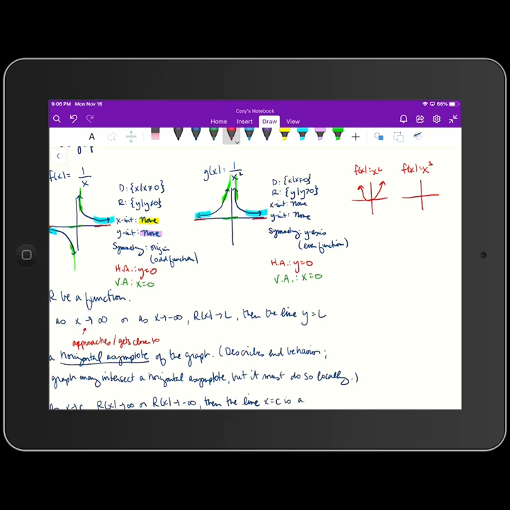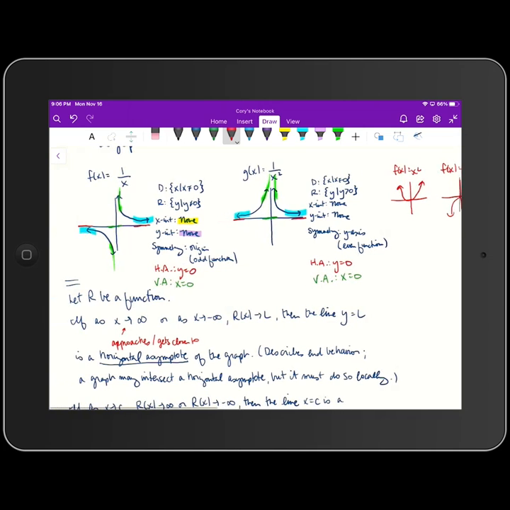When we look at the function x cubed, the function x cubed is going to have a graph that looks like this. It also has an x-intercept at x is equal to 0, but because the multiplicity of that 0 is odd, it's 3, that means that the graph is going to cross the x-axis.